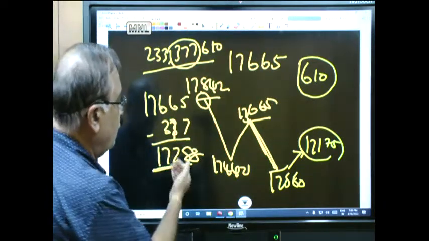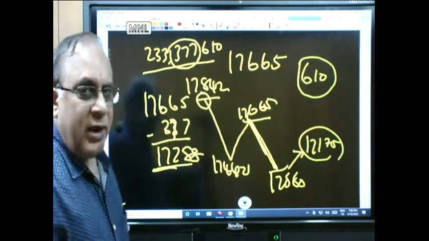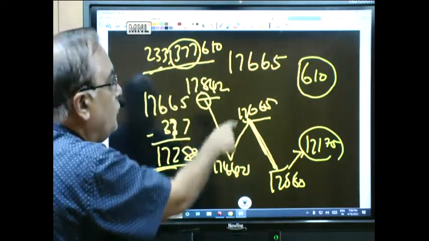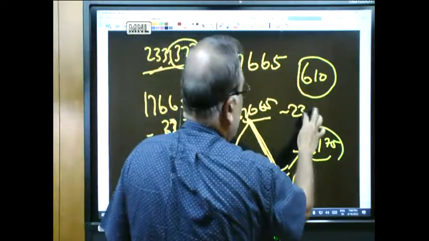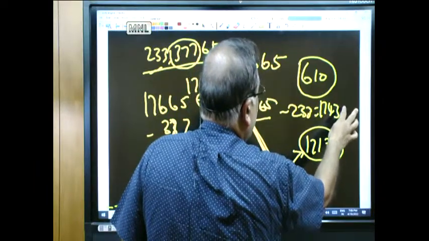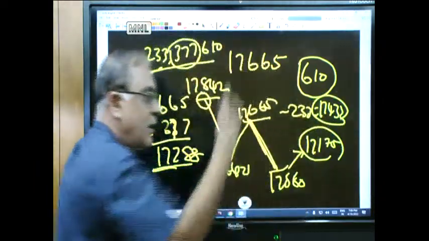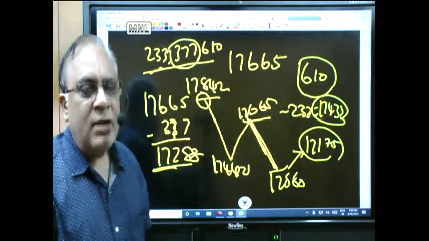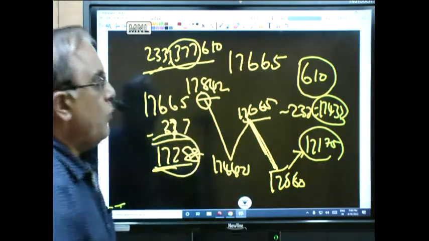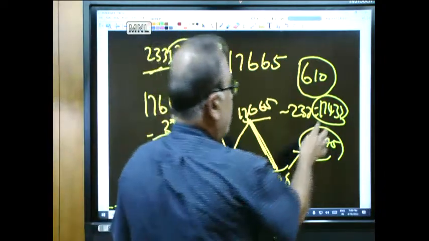Then if it starts even to go up above 17,288, then we will have 17,665 minus 233, which is 17,432 or something like that. So that is the low from where it broke down. So that will be a very important resistance. So the first area that we'll get is 17,288, then you'll have 17,432.